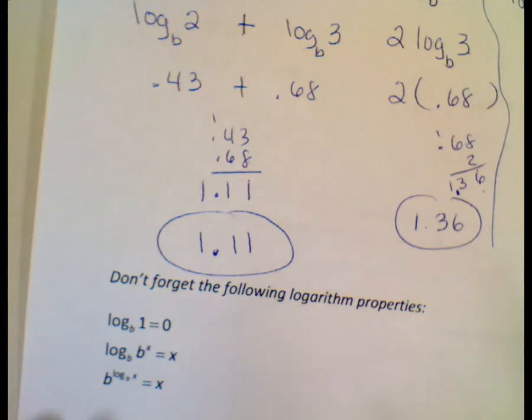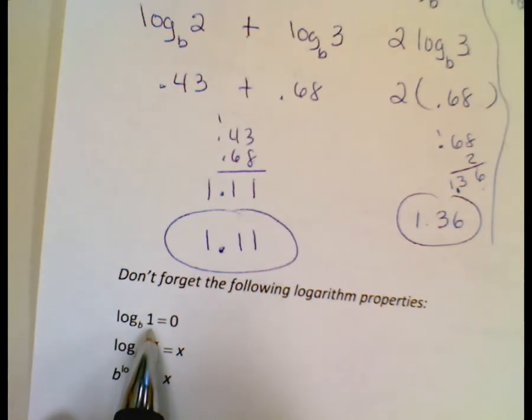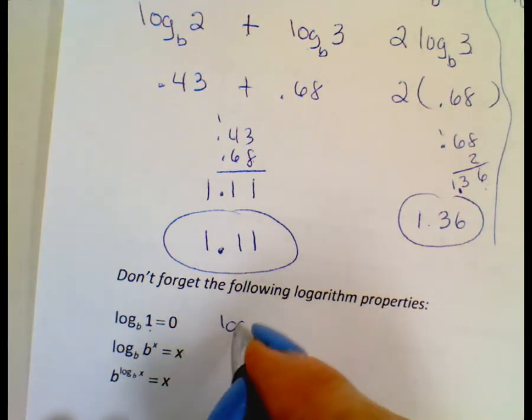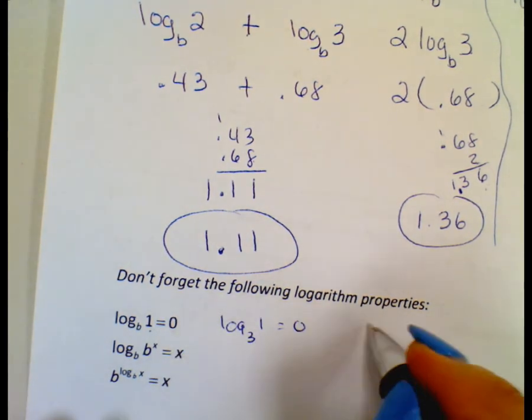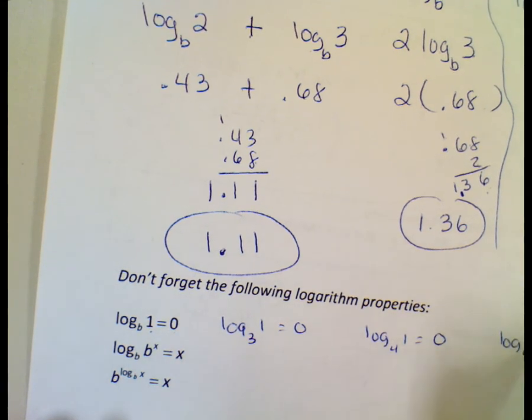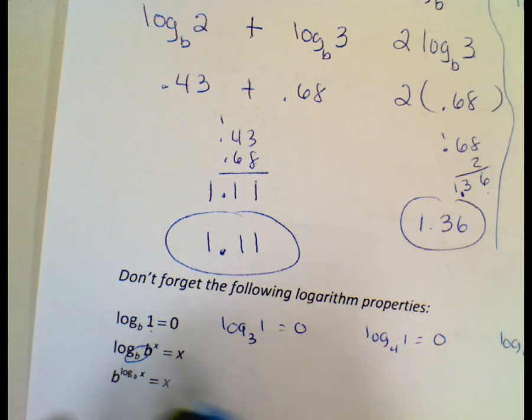Don't forget the following properties. Anytime you have a 1 right here, your answer is 0. So if I said what's log base 3 of 1, you would say 0. If I said what's log base 4 of 1, 0. If I said what's log base 5 of 1, 0. This one says if you have the same base, and that's an x there, your answer is x.